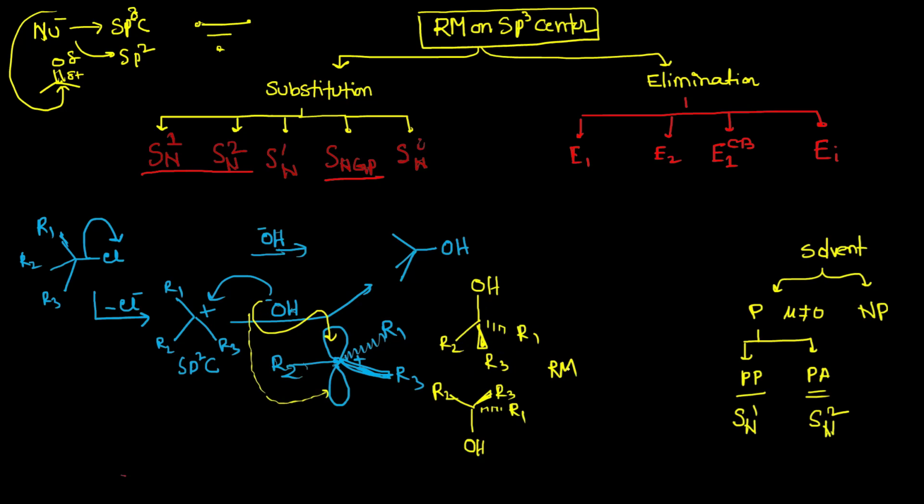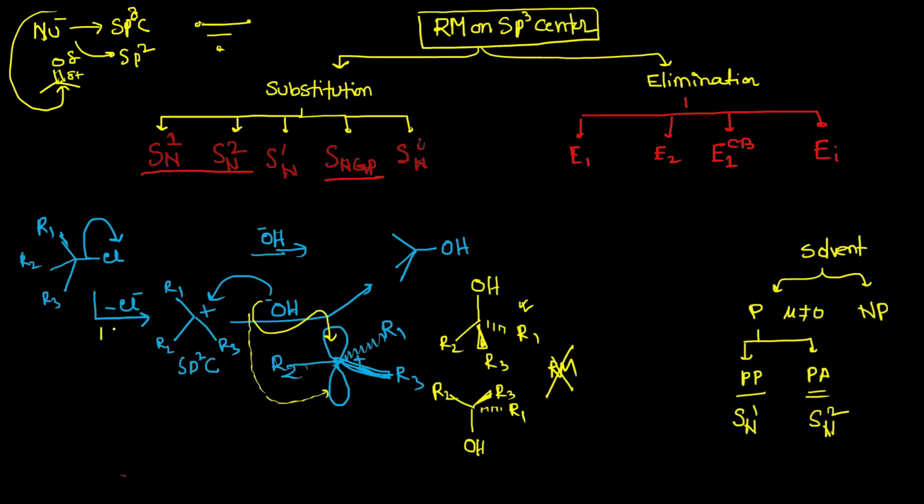This is basically a racemic mixture, but practically a racemic mixture doesn't form. Why? Because one of these is formed in a partially greater amount. Why? Because when the chlorine is leaving and OH is approaching, at that particular point, OH minus cannot approach from the backside because there is more steric hindrance.